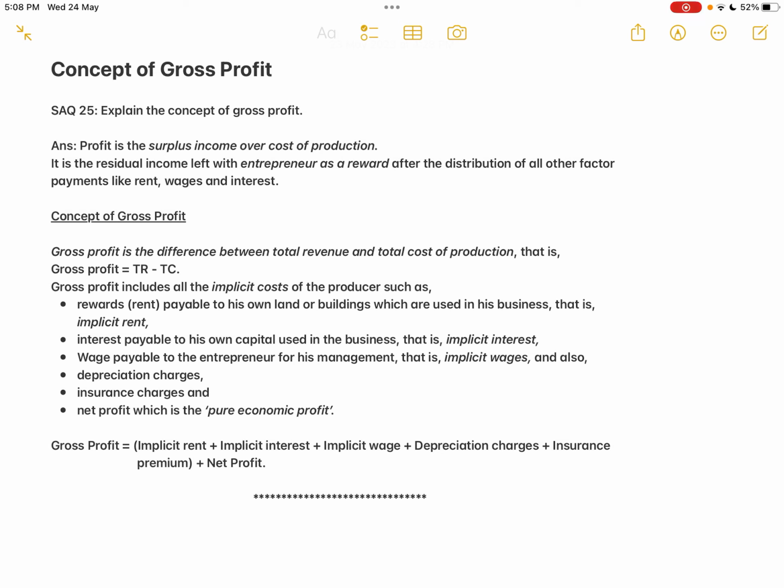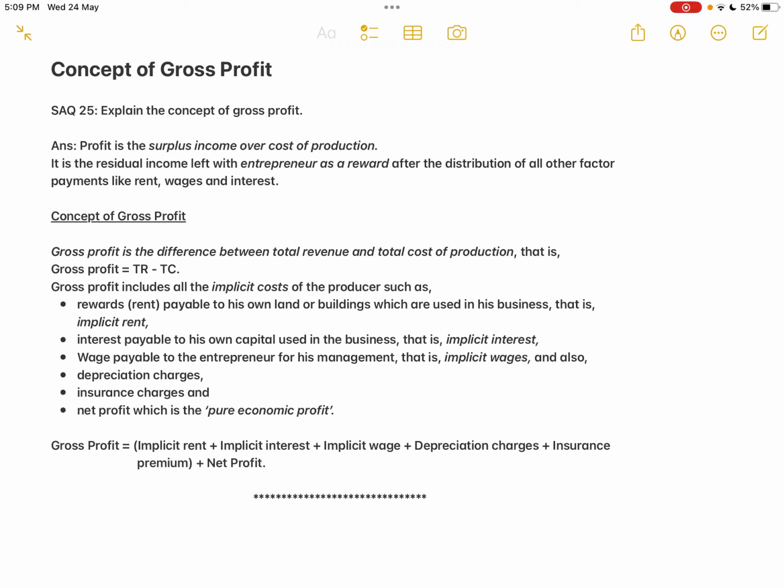For example, if the landlord is using his own personal premises for the factory building, or to erect a shop, or whatever it is, had he given this space for rent to some third party, he would have received the rent. But that rent he is sacrificing because he is using his own space for conducting the business activity. That is what is called implicit rent.